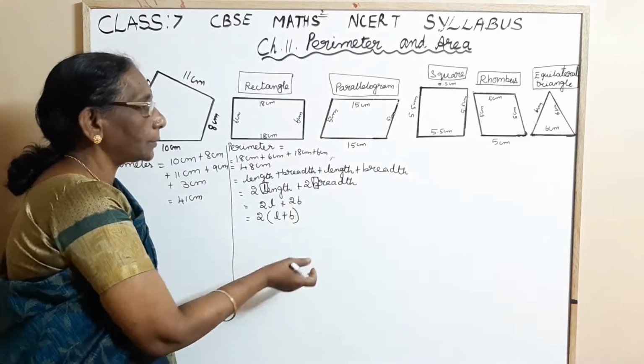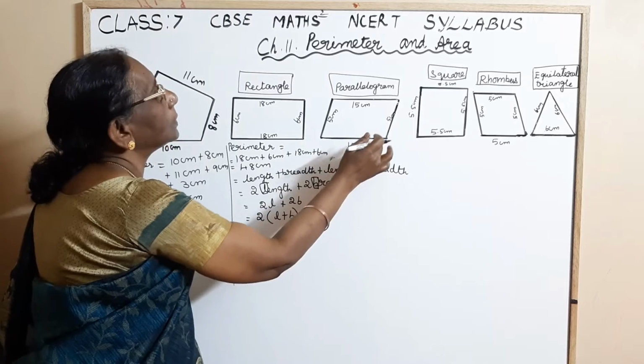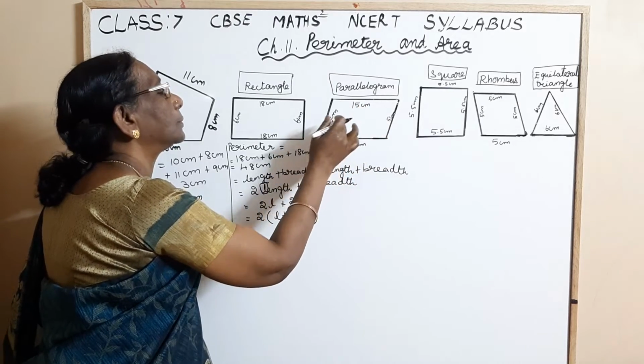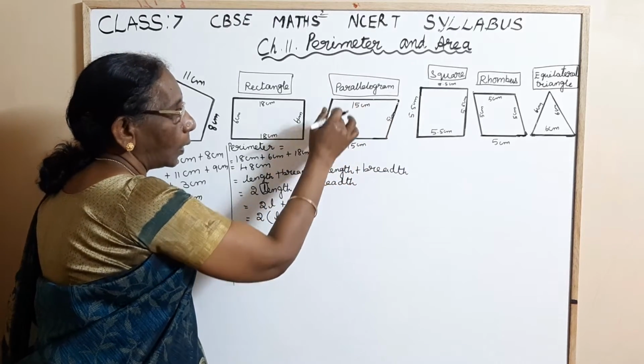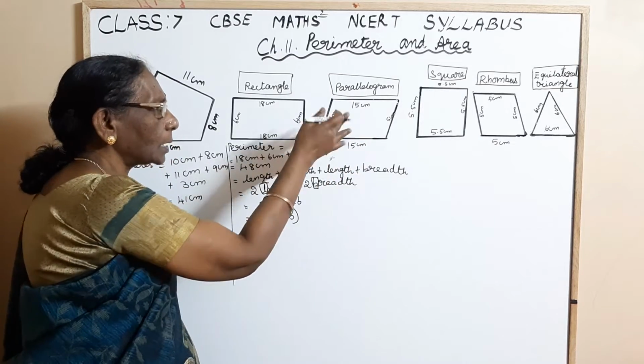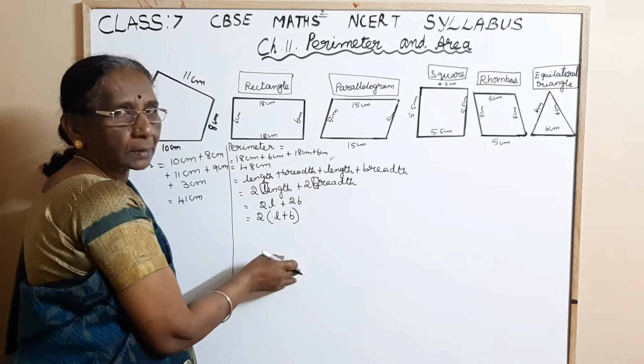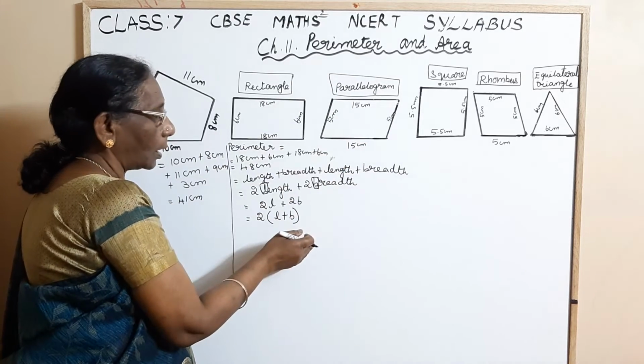Okay, the same way for the parallelogram also. We have 15 centimeter, 5 centimeter, 15 centimeter, 5 centimeter. If you add all, we get 40 centimeter. And here also we are adding length 2 times and breadth 2 times. So the same formula.